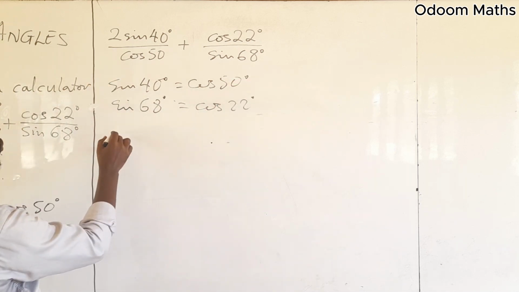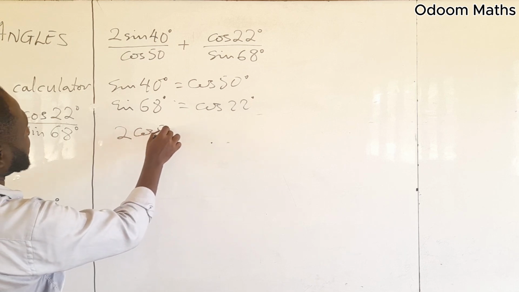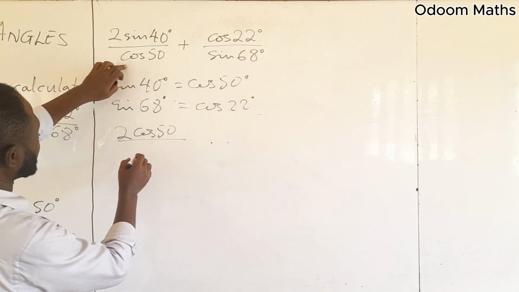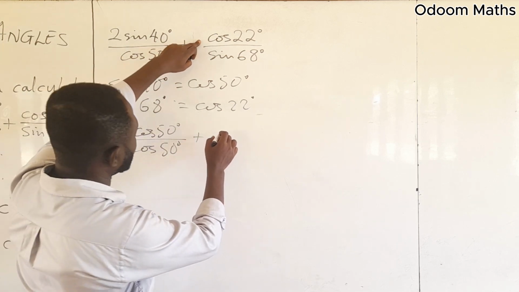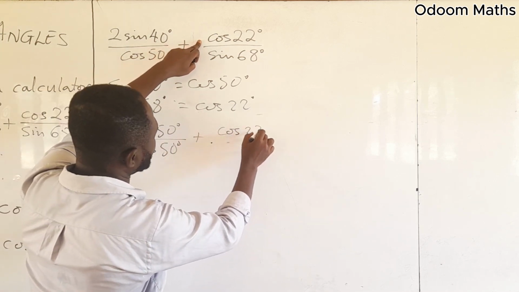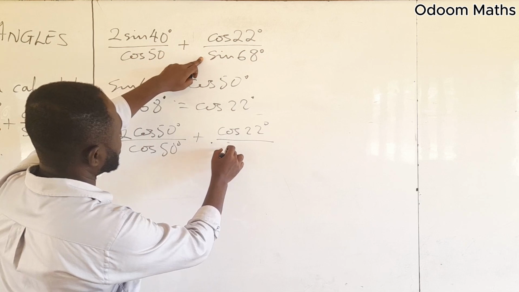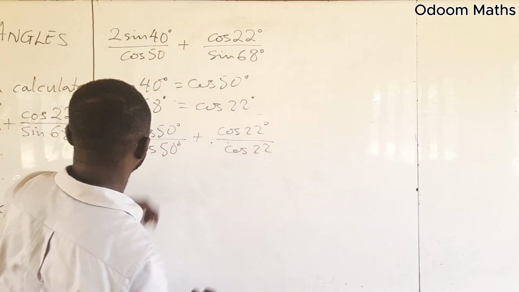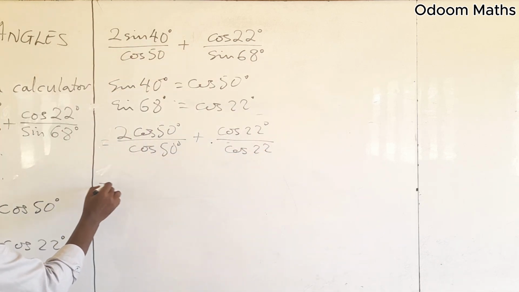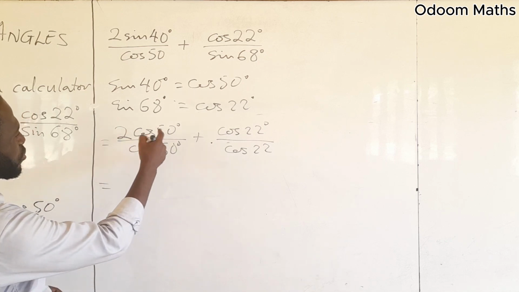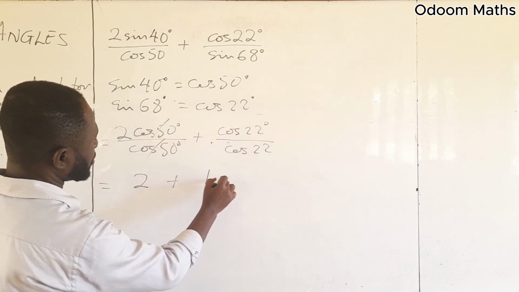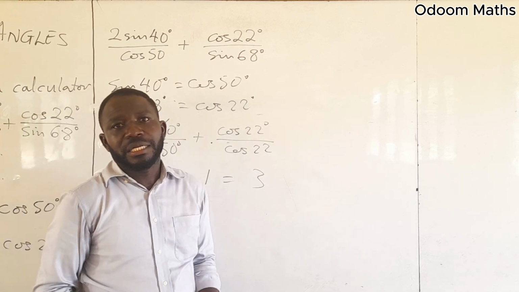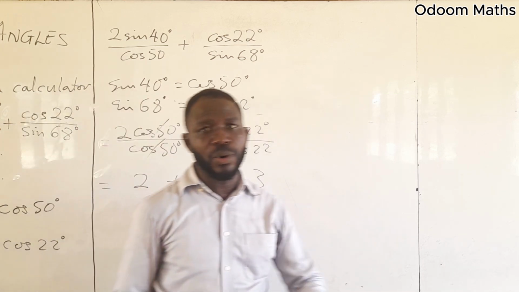So this is now 2 cos 50 over cos 50, plus cos 22 over cos 22. This is going to be 1. So that is 2 plus 1. So the answer is 3. So that is that. Let's take one more example.